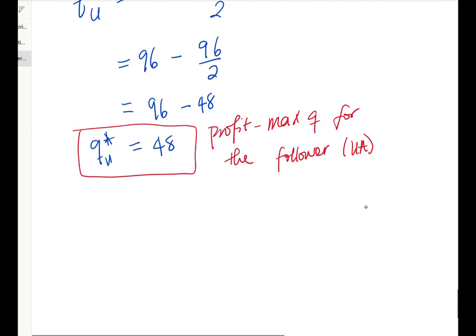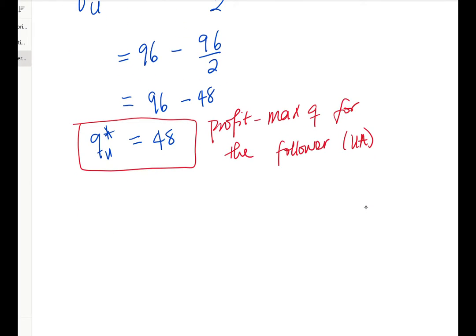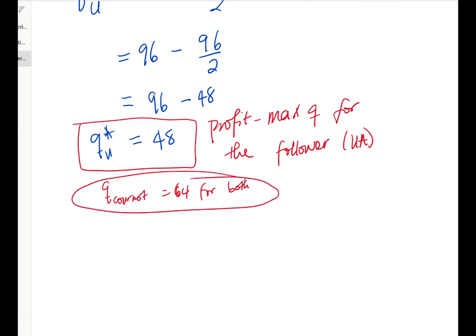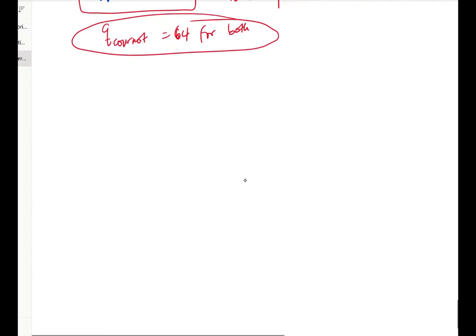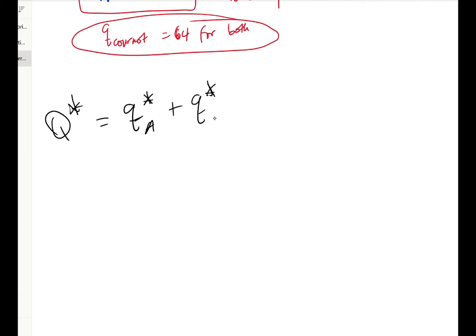Now that we have the Qs for these two, if you watch the other video, you remember that for Cournot, it was 64 for both. Now that we have the Q for both, we can calculate the big Q star. This is equal to Q star for American, the leader, plus Q star for United, the follower.